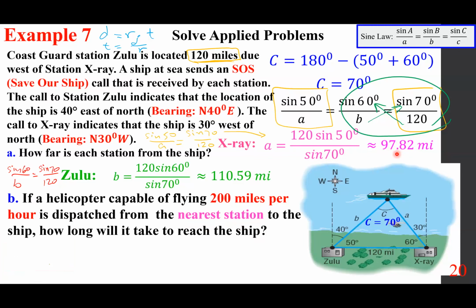How fast can we go? 200 miles per hour. So T is D over R, or more specifically in this case, A over R. Why A? Because A is the nearest station, gives us the nearest station X-ray. A is smaller than B. And it's almost half an hour. It's 0.42 hours, which makes it about 29 minutes.